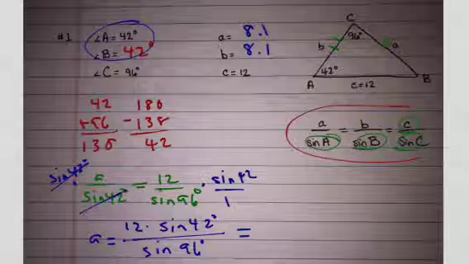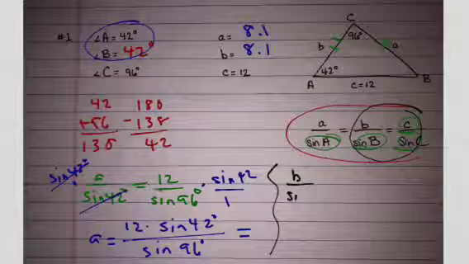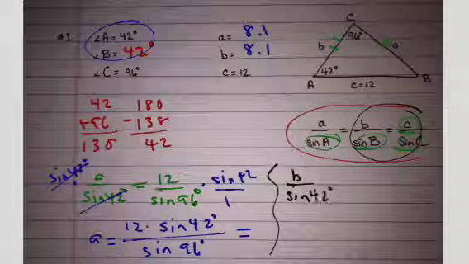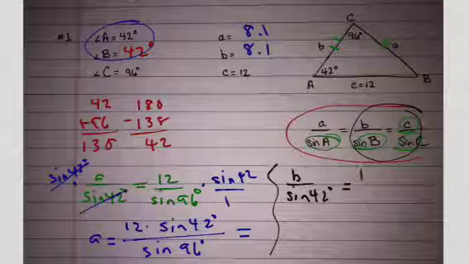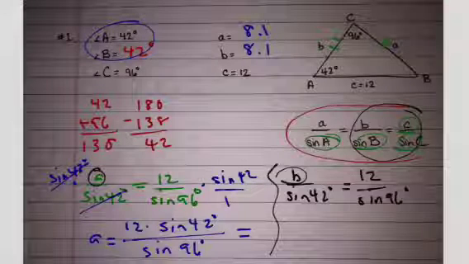We could have gone back and found B using these original formulas, where we would have done B over sine of angle B, which is also 42, equals C over sine of C, which was 96. The only difference between these two equations is that one's finding A, one's finding B. Everything else is exactly the same, which is why we would get exactly the same answer.